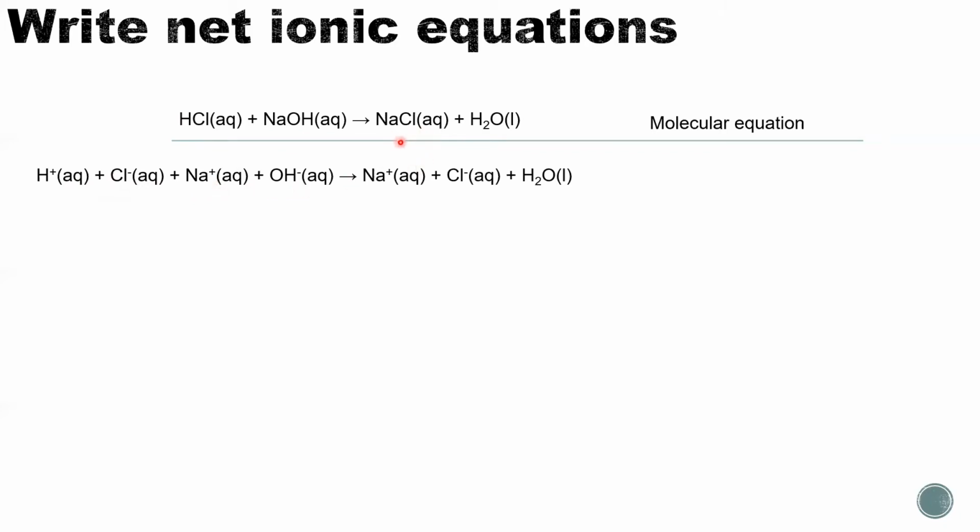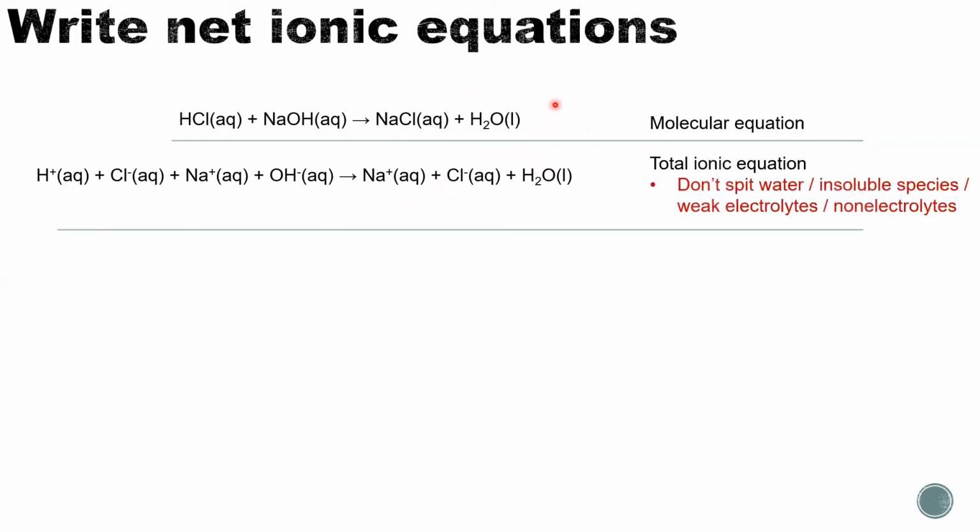The same with the salt, sodium chloride, on the product side: sodium cation and chloride anion. The water, we don't split it apart. It's in the water solution, so we assume water does not dissociate completely. So for the total ionic equation, we write water out as it is. But pay attention: we don't split water, we don't split insoluble species, we don't split weak electrolytes or non-electrolytes. Anything that is not 100% fully dissociated in water, we don't split.